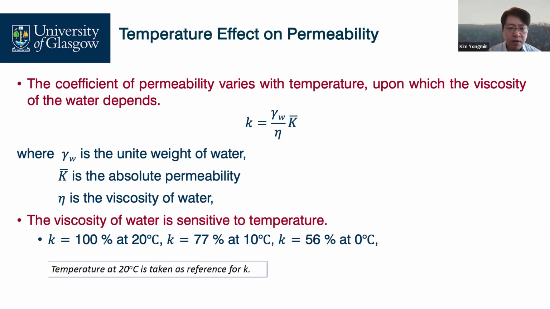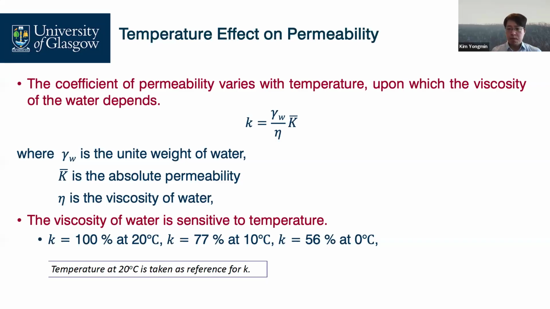So the mathematical formulation of the permeability is expressed in terms of unit weight of water, the absolute permeability, and the viscosity of the water. This permeability depends on the temperature, and temperature also affects the viscosity of water.